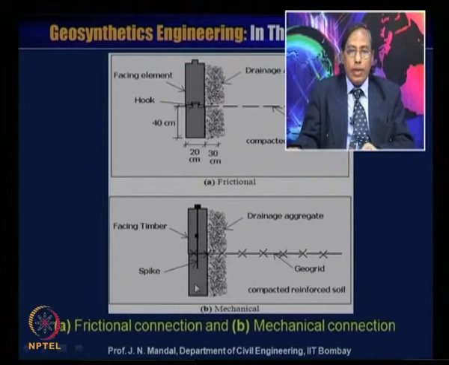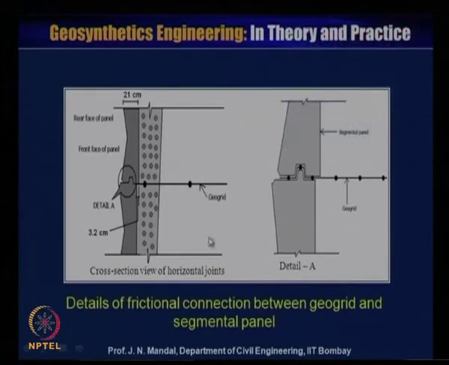And this I show is the mechanical connection. This is the facing, that is the timber, this is the spike, and then this is the geogrid material. This is the compacted reinforced soil, and this is the drainage aggregate, as in the frictional case, where it can be mechanically connected. More about this, you can see here the cross sectional view of the horizontal joint.